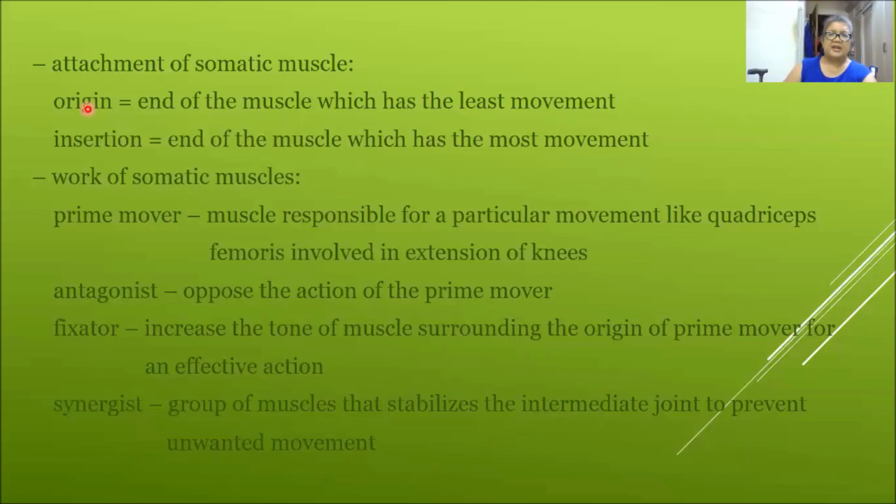Like the quadriceps femoris in the thigh, which is a strong extensor of the knee, will be the prime mover during extension of the knee. Since your quadriceps is found in the anterior portion, the antagonist will be found on the posterior portion.